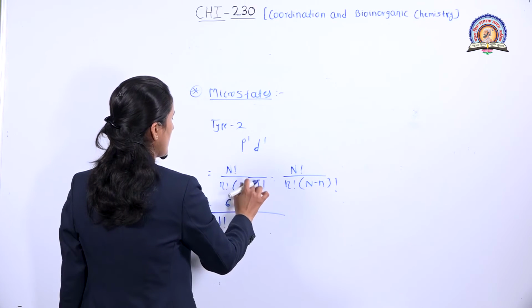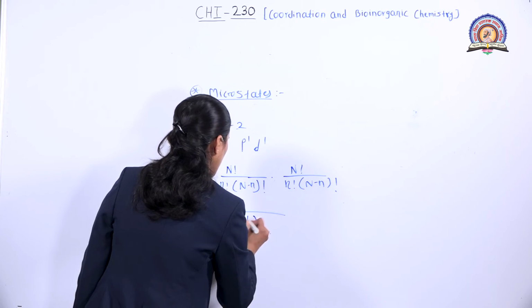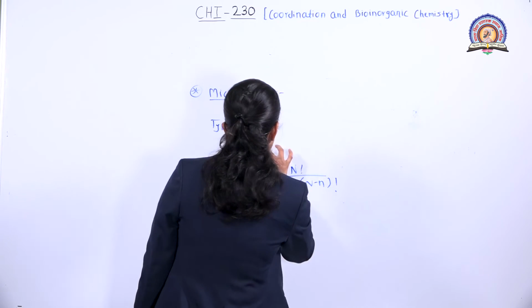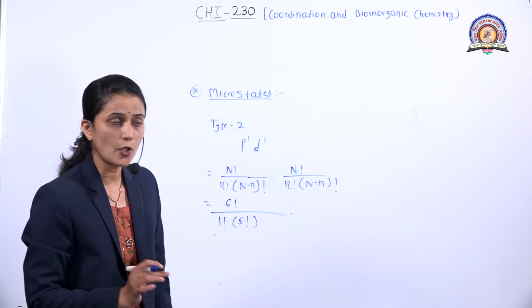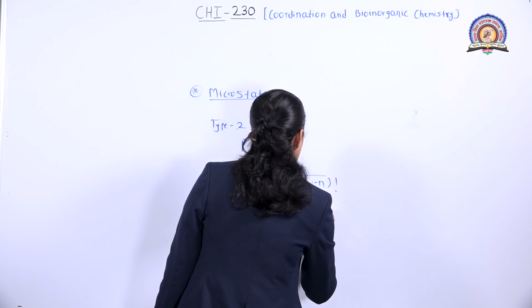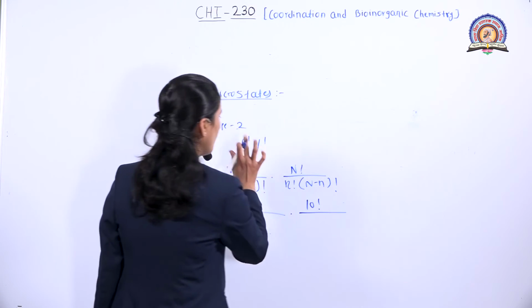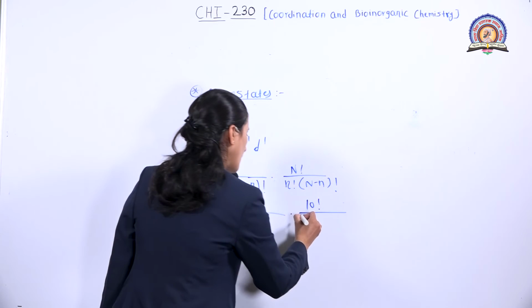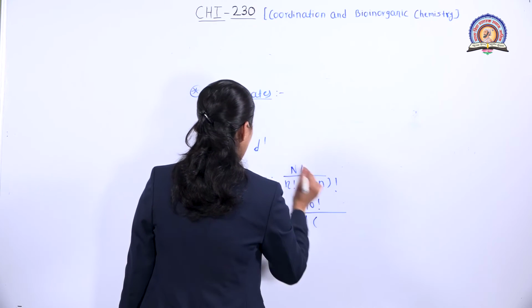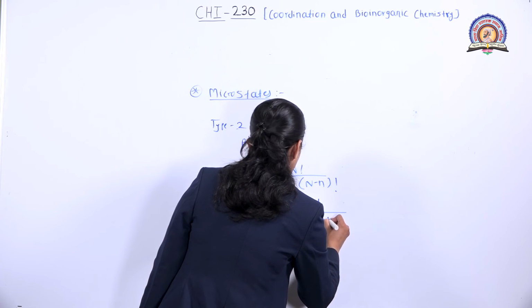And the total number of electrons in the d orbital is 10, so 10 factorial upon 1 factorial and 9 factorial.